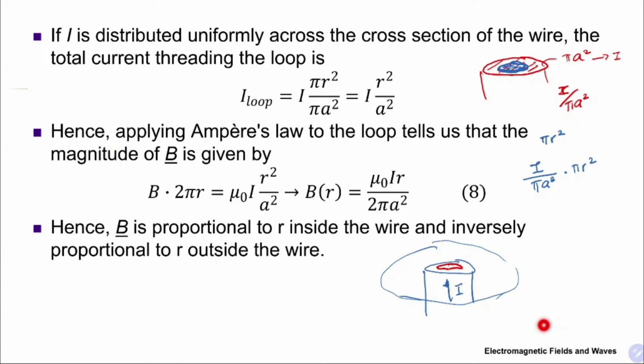To find that fraction, you take that area, pi r squared, times the current density, I over pi a squared. That will be the current going through my loop. You simplify this, pi and pi cancel, and this will be I r squared over a squared. And then you apply your Ampere's law.